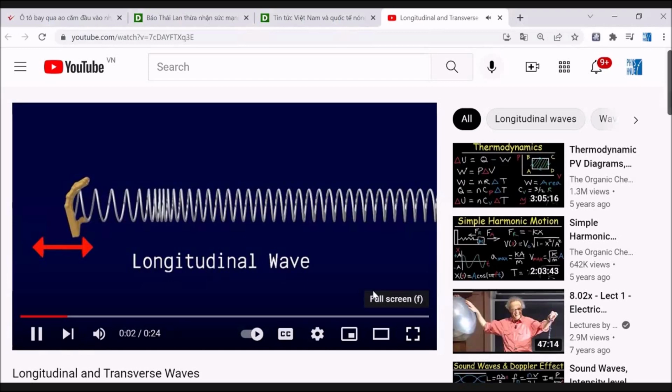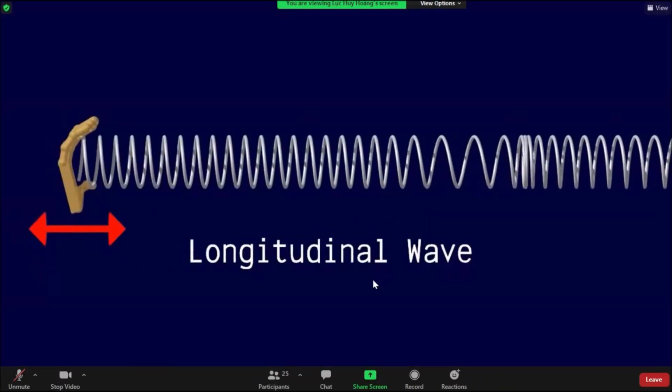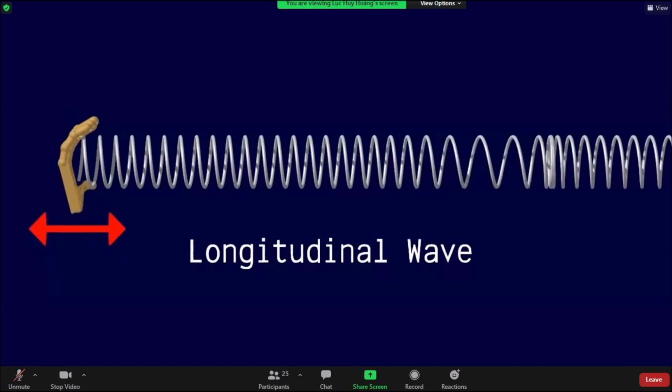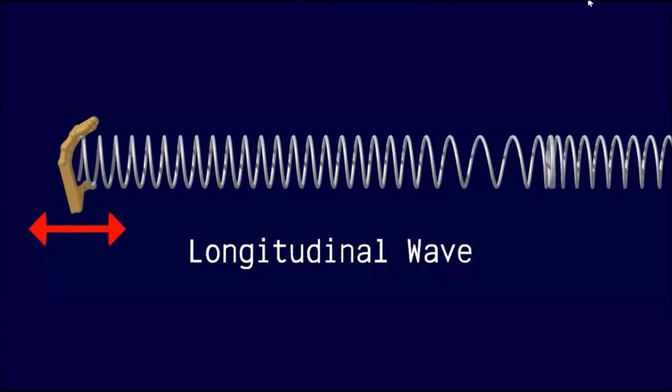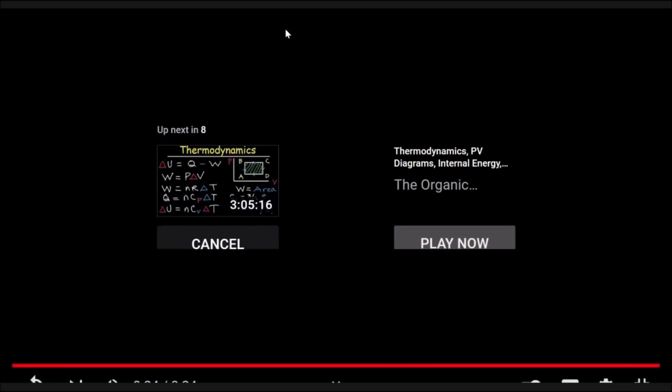Can you see this? Yes, I can see it. But for a moment, can you hear the sound also?